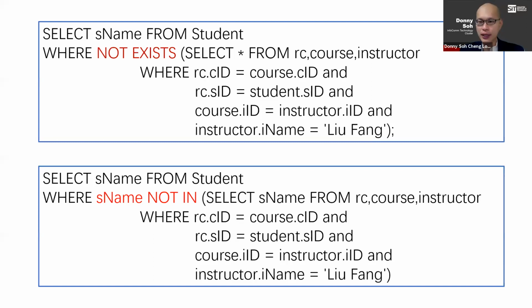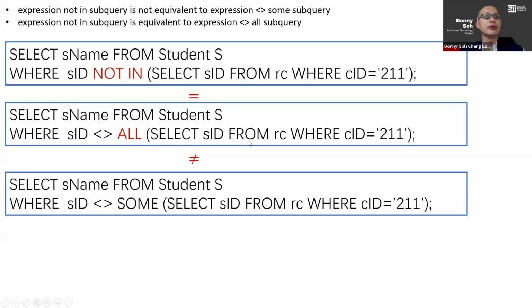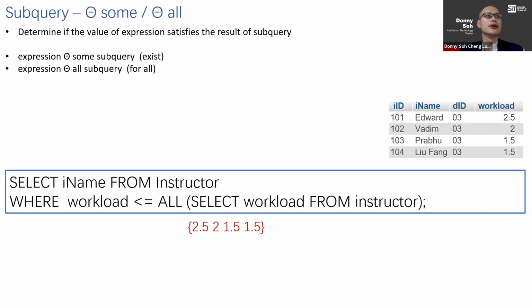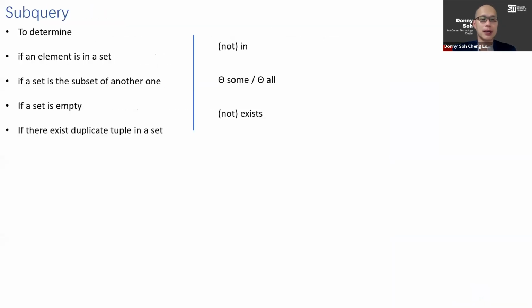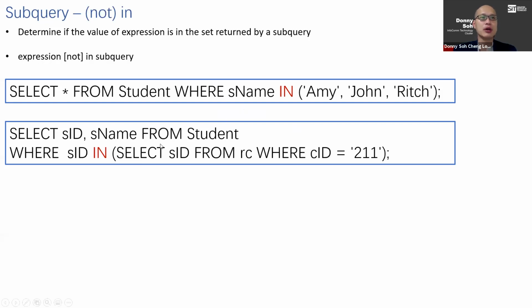Last Tuesday, I think we ended off at this slide, but before we go there, let's just do a little short recap. The main thing we talked about was advanced SQL, and the primary type of query we were talking about was subqueries. This is the situation whereby the entire query is made out of two separate queries: one that is inside and one that is external.